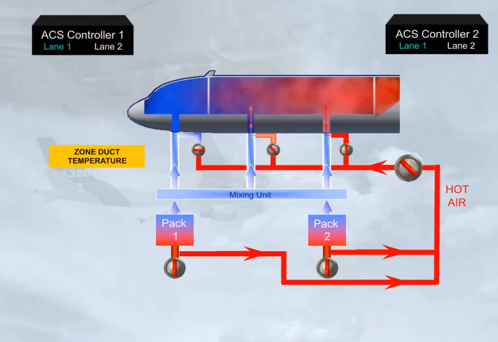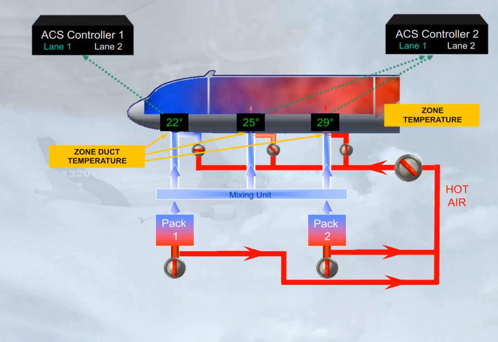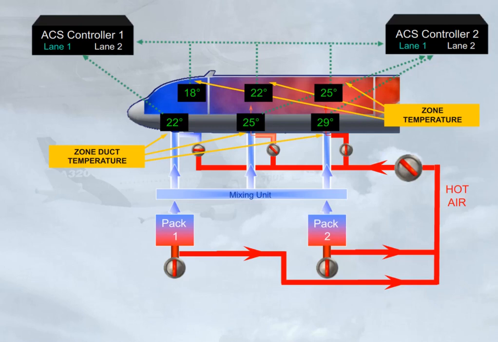The related zone duct temperature, which is the temperature of the air entering a zone, is also monitored by the CS controller. Cockpit duct temperature by the CS controller 1. Forward and aft duct temperatures by the CS controller 2. The related zone temperature, which is the temperature of the ambient air, is also monitored by both the CS controllers.